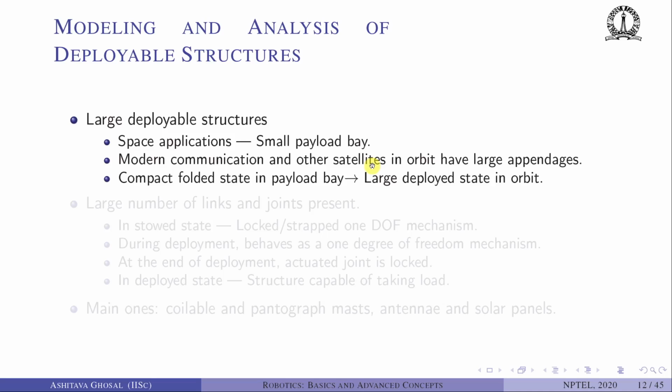You could have a big solar panel, because you need a very big solar panel to capture or convert solar energy to electricity. Or you can have a big antenna, but you cannot put this huge, say 5-meter antenna inside a spacecraft. So it needs to be kept folded in a very small payload bay, and once it is in orbit, it is deployed.